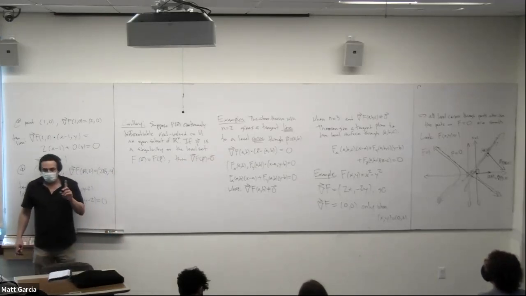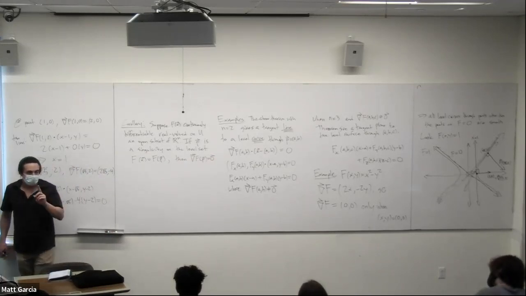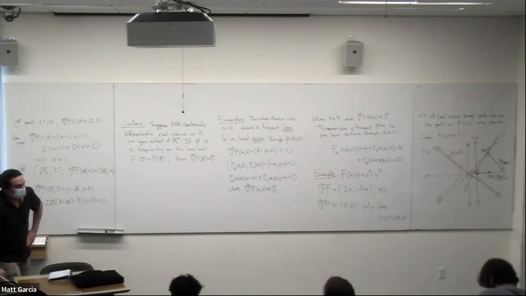Okay. Notice that this is not an if and only if statement. That is to say, if we know that the gradient of f at p is 0, that does not imply that the level set through p is singular at p.